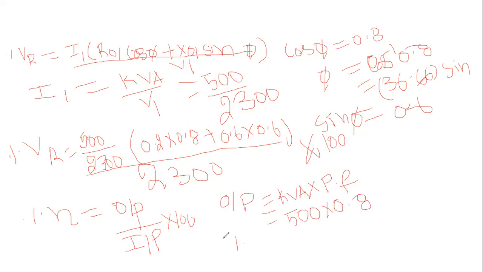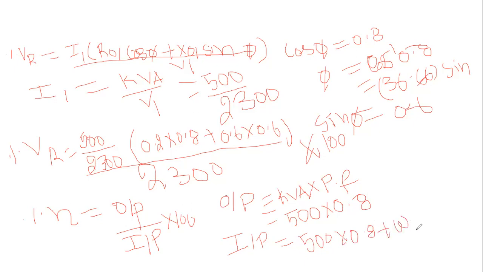Next, we calculate the input. What is the formula for input? Input is equal to output plus losses. The output is 500 into 0.8. What are the losses?